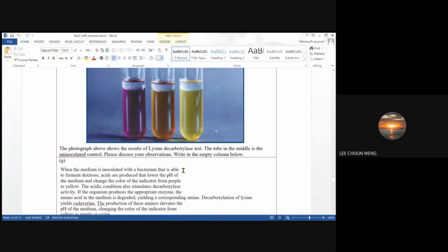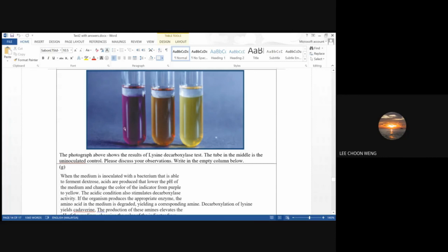This is the result of a decarboxylase test. So here you have to do it in a pair. So this is the uninoculated control. This is the inoculated. So both of them are inoculated. This one, the color is yellow because it only utilizes the sugar, but it couldn't continue utilizing the amino acid.